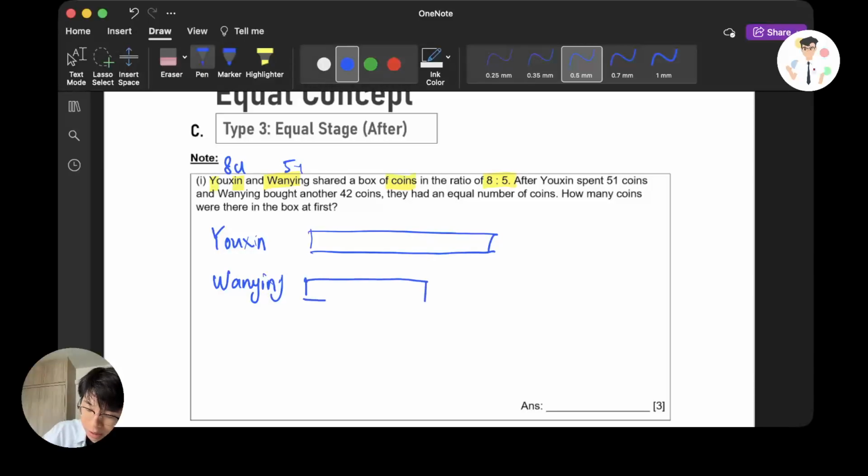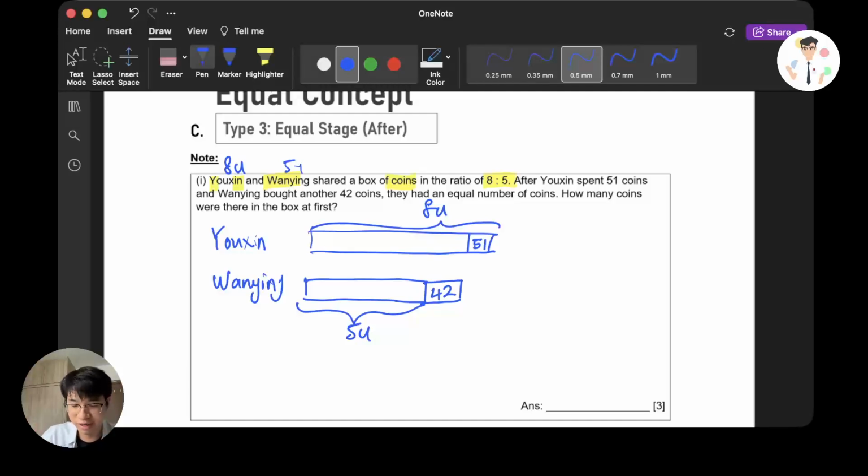I'll take this as 8 units and this as 5 units. Now after Yu Xin spent 51 coins, I don't know how much it is, but I'll just draw in here 51. And Wan Ying bought another 42. Don't mind me if the 42 is more than 51, it doesn't really matter. But now what happened is they had an equal number of coins.